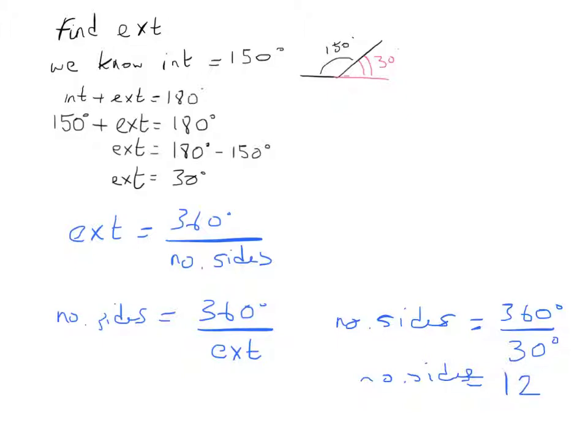It is a 12-sided shape, and just so you know, a 12-sided shape is a dodecagon. A dodecagon, okay, spelled like this. Dodecagon.